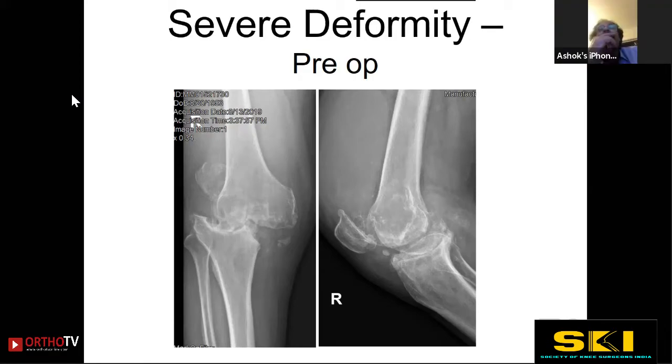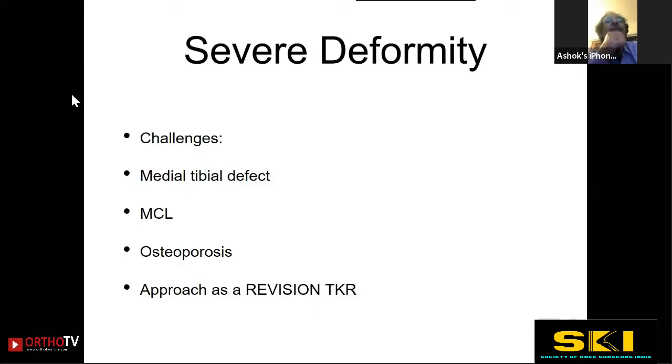So this was actually a patient that we operated about 3 years ago, and she had massive global instability. You could pretty much swing that tibia anywhere you wanted. The MCL was in fact incompetent, as was the posterolateral corner, and she had massive bone loss on the tibial side.